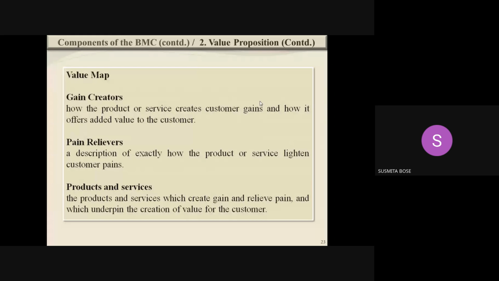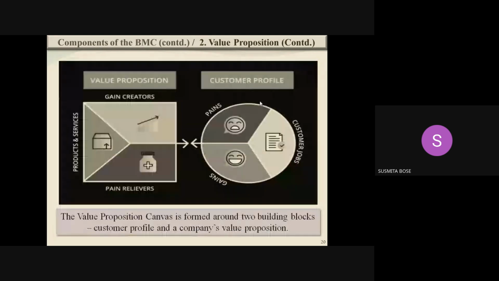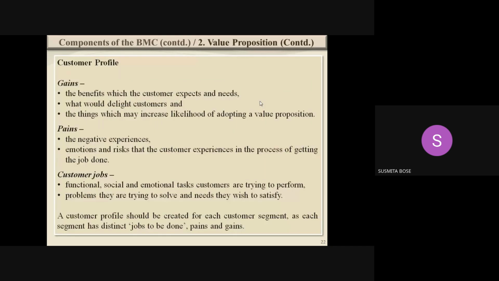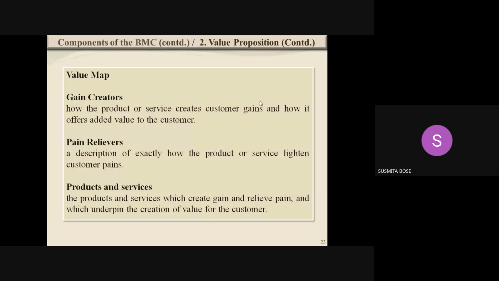In the value map, the gain creators are how the product and service creates customer gains and how it offers added value to the customer. The pain relievers, here we have seen this customer profile and value proposition. Now value proposition is in our hand, means the owner of the business, it is in his hand. So what he can do is, he can create gain for the customers, he can reduce pain for the customers.